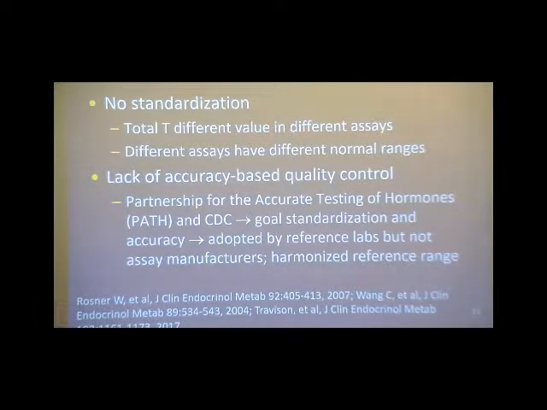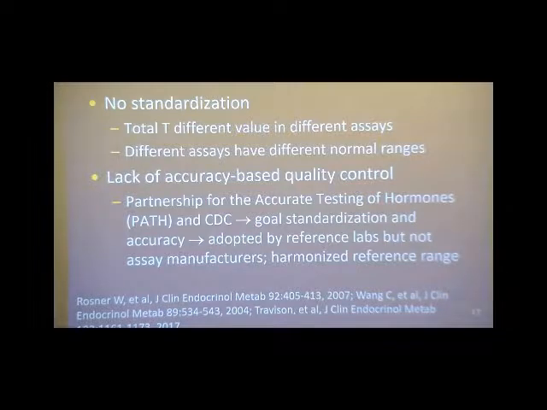What's been missing until more recently, and this is a trend over the last few years that I've been involved in, is to set up accuracy-based quality control. So not only do you reproducibly get the same number, which may be totally inaccurate, by the way, but you get an accurate number that reflects what's actually in the blood sample.